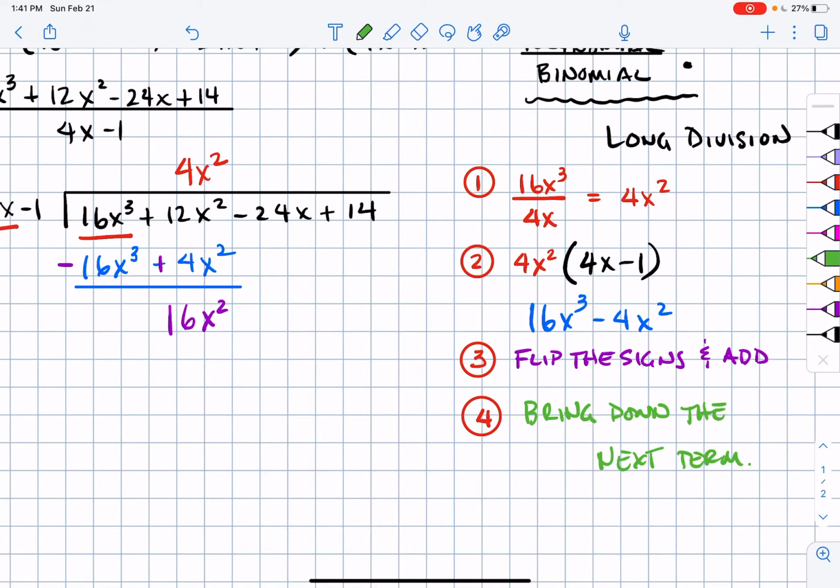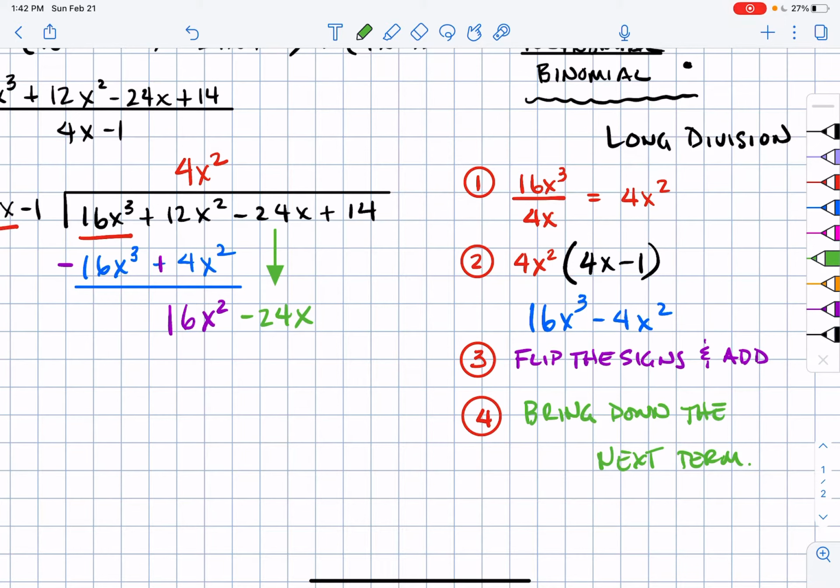There we go. So I want to bring this next term down. All right. So that's going to be minus 24x. Okay? So those are my 4 steps.